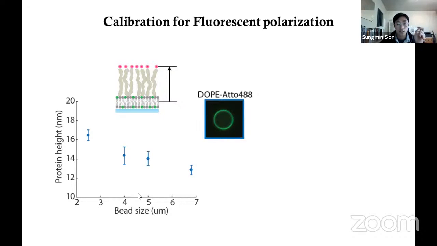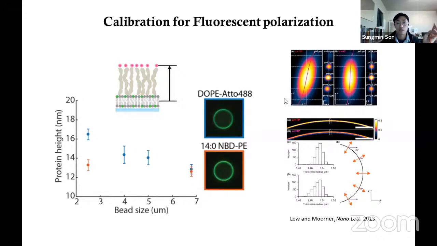Basically, this shows the opposite of my answer, where, if I change the size of the bead, my protein height measurement is actually changing. And later, I learned that this is not a fundamental aspect of this technique, but it's because of an artifact introduced by the fluorescence polarization. So if the dipole is systematically polarized in a spherical curvature, it can introduce some offset because of this tilted 3D point spread function.